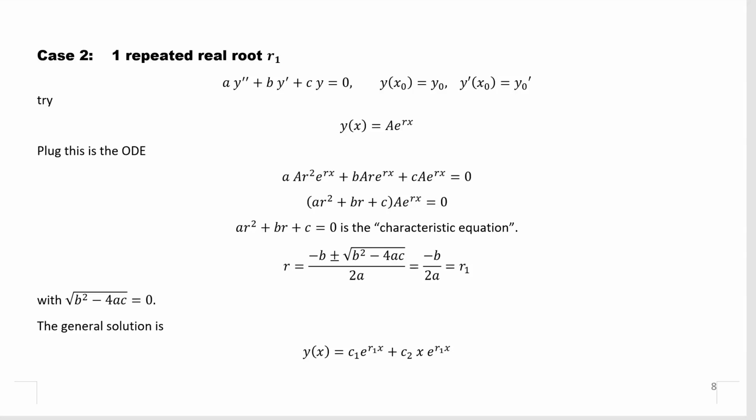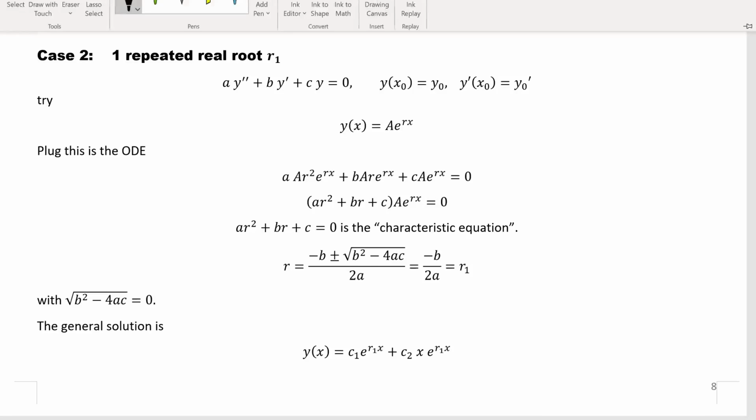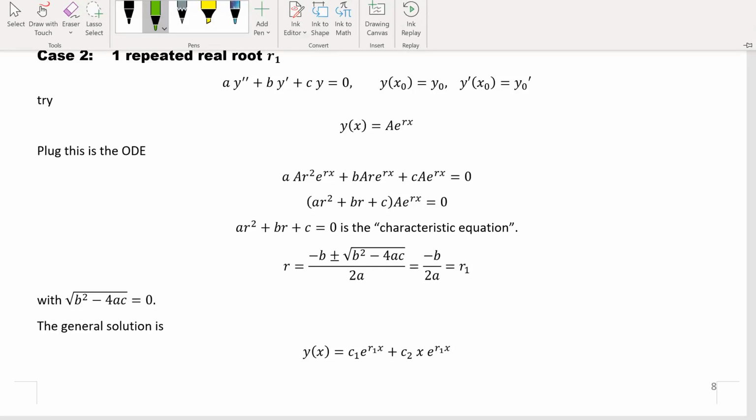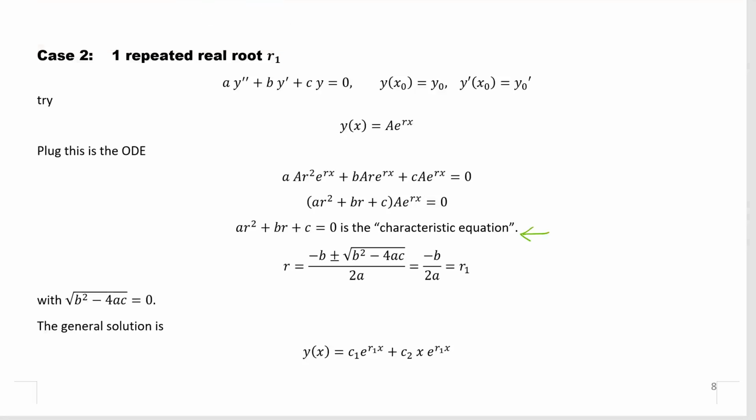We just repeat the process, and we get the characteristic equation. But here, because the discriminant b squared minus 4ac is 0, this term is gone, and we have minus b over 2a as our root.